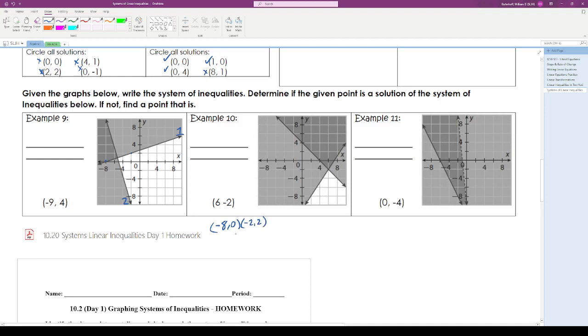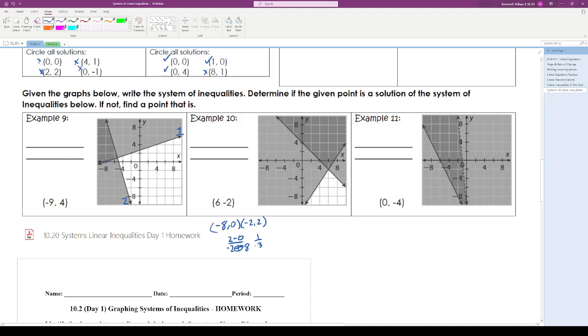If we calculate our slope, we would do y2 minus y1, that's 2 minus 0, over x2 minus x1, that's negative 2 minus negative 8. We get to change these two negatives into a plus. 2 over negative 2 plus 8, that's 6. So 2 over 6 gives us a slope of 1/3.